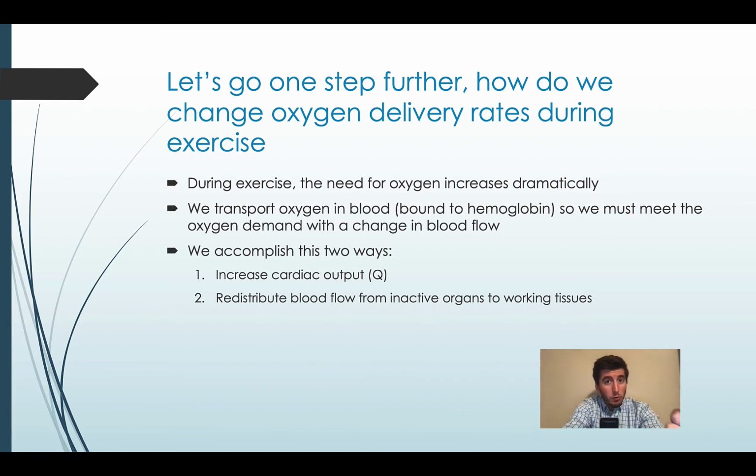We transport oxygen in blood. So we know that we have to get blood to the working tissue because we have to get oxygen to the working tissue. So we have to increase cardiac output, and then we also have to redistribute blood flow to the working organs, to the working muscles. We have to constrict and restrict blood flow to certain places, such as the gut and the organs that aren't really working.